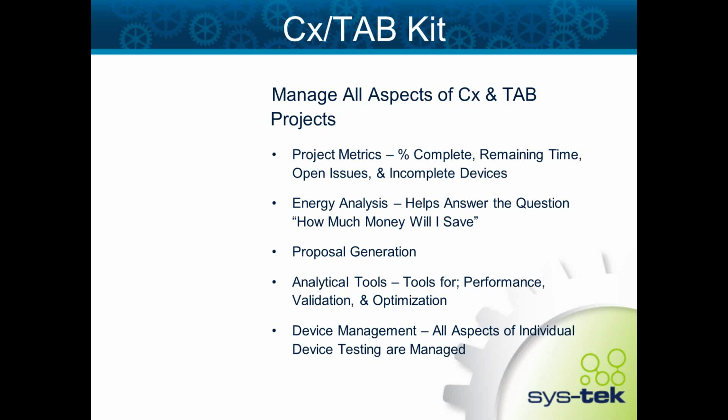Any open issues and incomplete devices are highlighted as well for ease of management. There's also a portion of the software developed to provide energy analysis. We continuously get asked the question, well, how much money will I save predominantly in retro-commissioning activities? So based upon that, we have developed a pretty slick energy analysis that will give you an estimated amount of money you'll save.